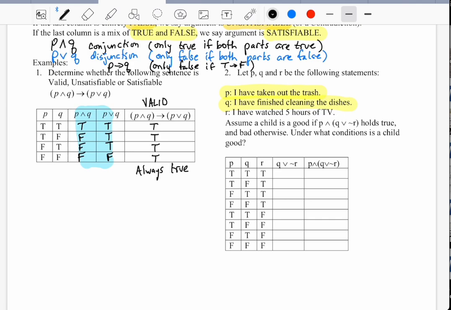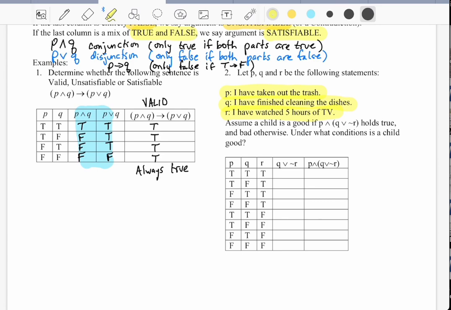The second one, give a little context here. I have taken out the trash is what we're letting P be equal to. Q is I have finished cleaning the dishes. And then a third component, the first time we're dealing with a third component for truth tables: R is I have watched 5 hours of TV.